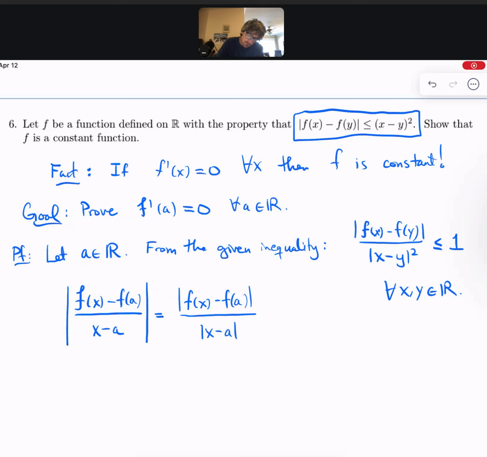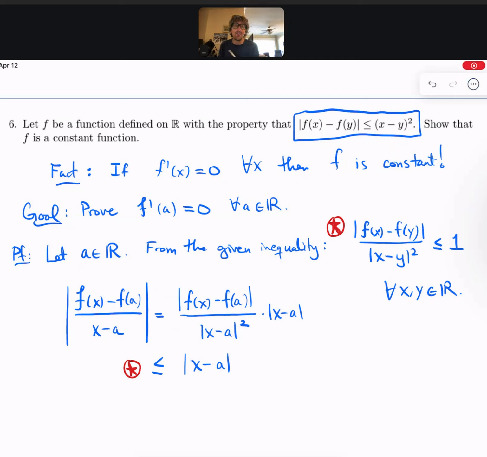And if I wanted to get it exactly like the expression above, I would have to multiply by x minus a over x minus a, just those absolute values are going to cancel out. And now I can use what we'll call the red star. So from the red star, I can conclude that this is going to be less than or equal to the absolute value of x minus a.